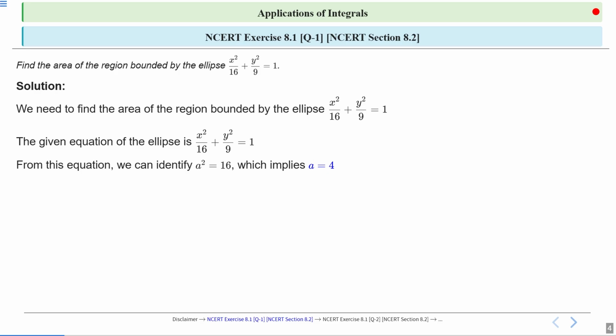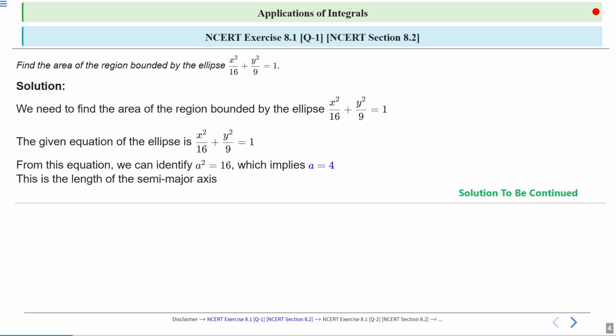Okay, so the length of a is 4, and this is the length of the semi major axis, and this major axis is on the x axis, a horizontal major axis.